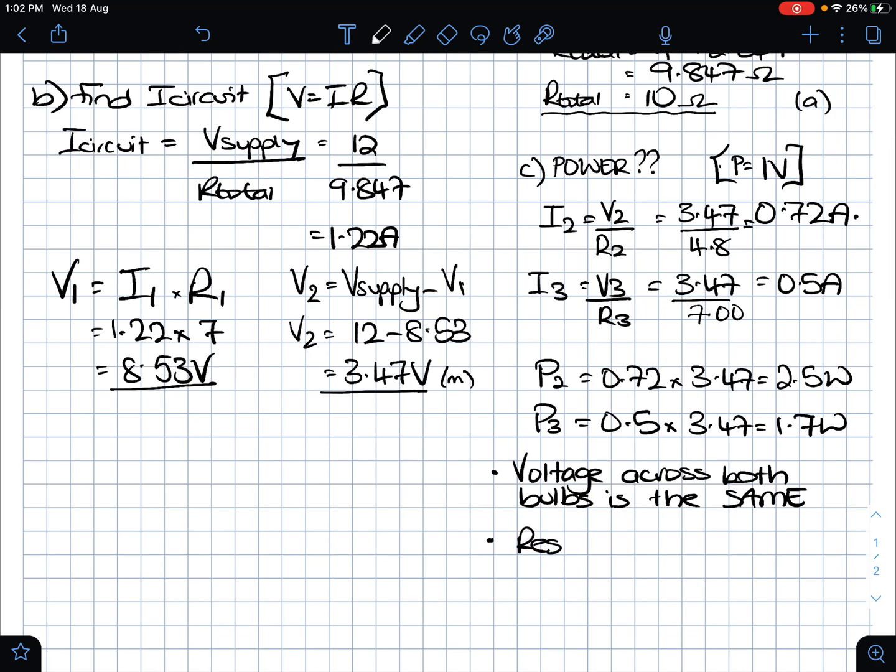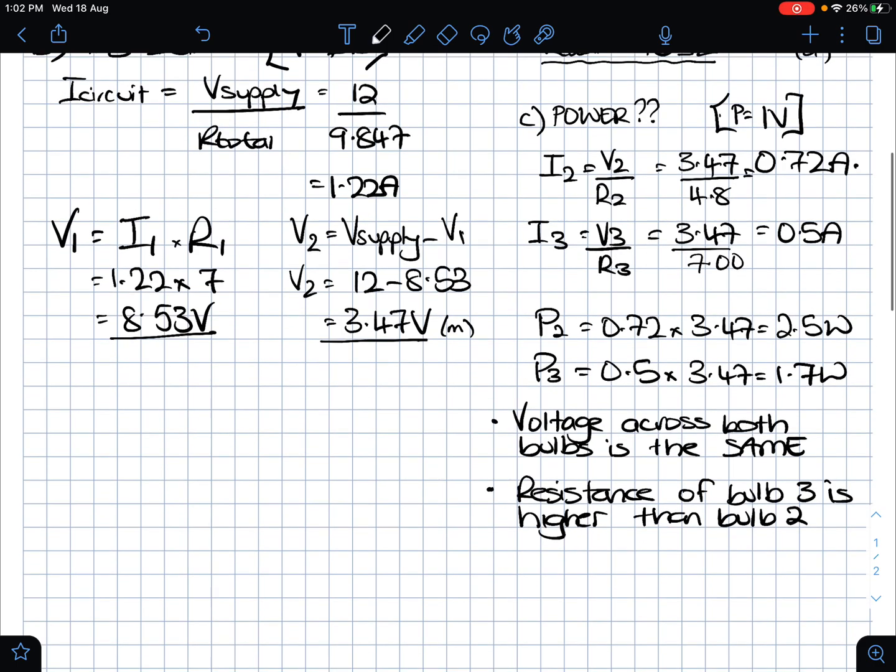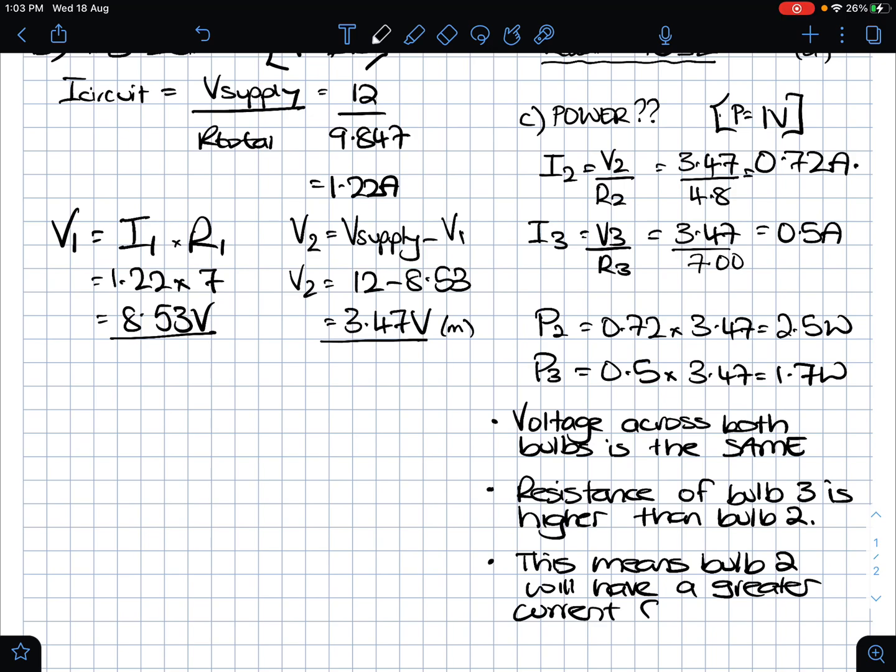So the resistance of bulb 3 is higher than bulb 2. Okay, this means bulb 2 will have a greater current flowing through it.